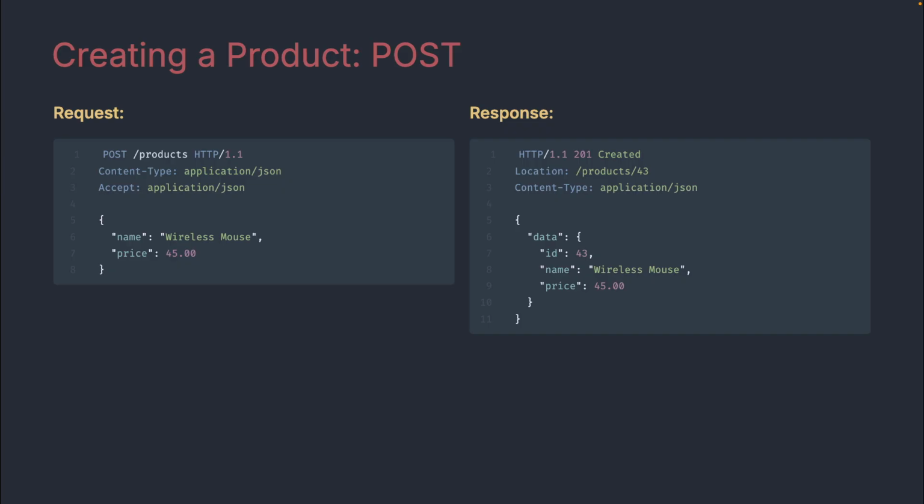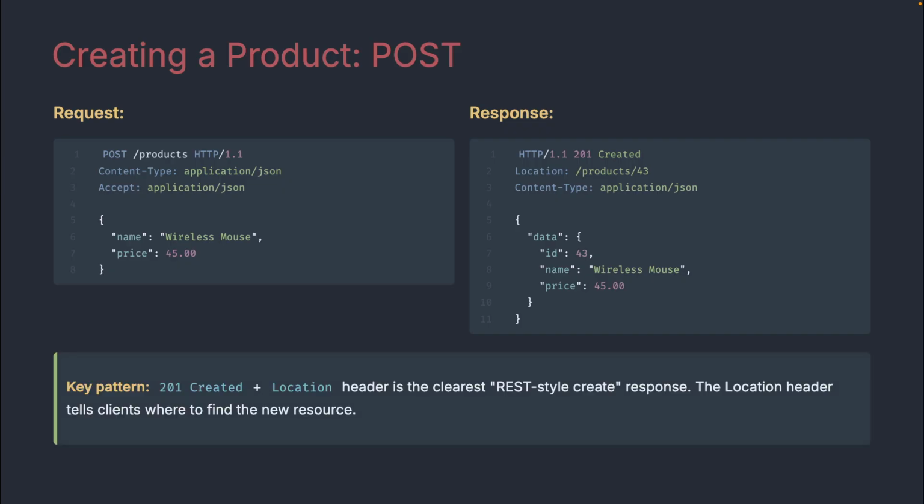And the response, on the same version, has the status code in number and human-readable form, the location, then says what type of content is being returned, and gives you the data element for that particular product. It got assigned the ID 43 in this particular case, right?